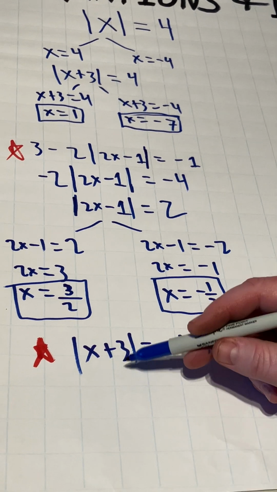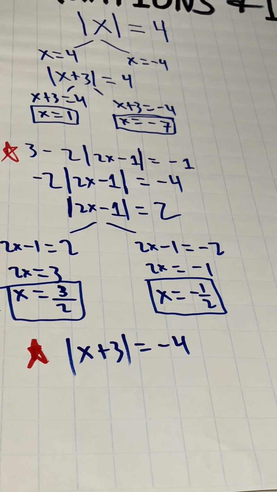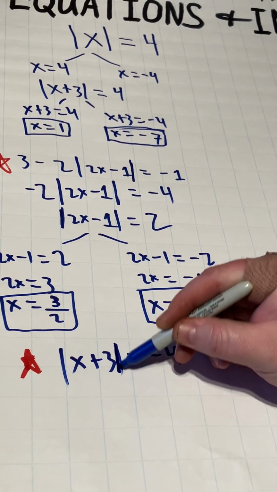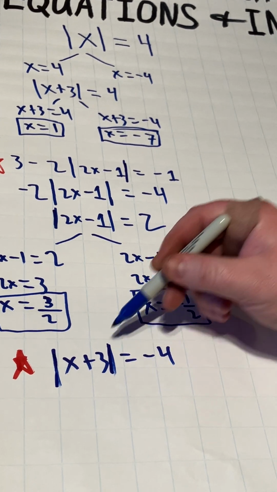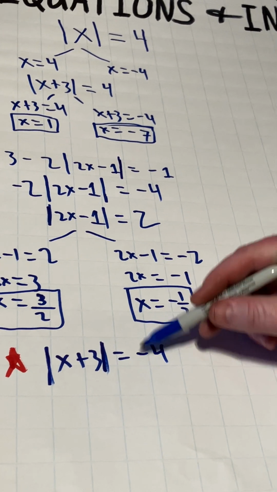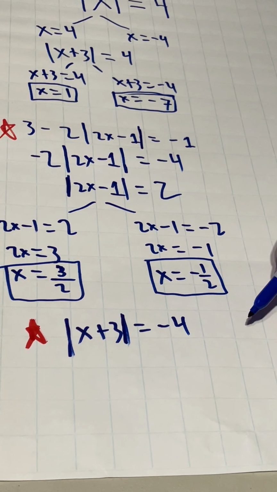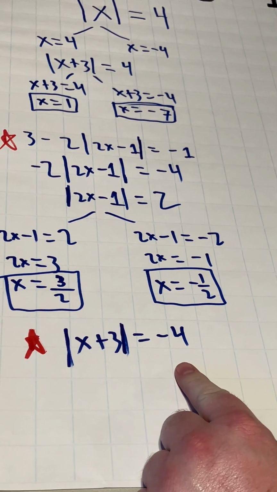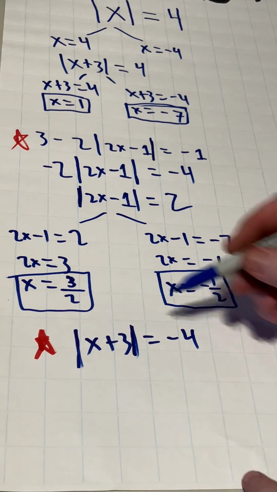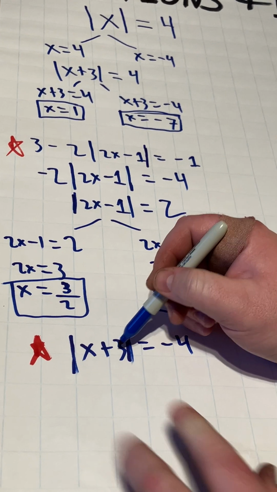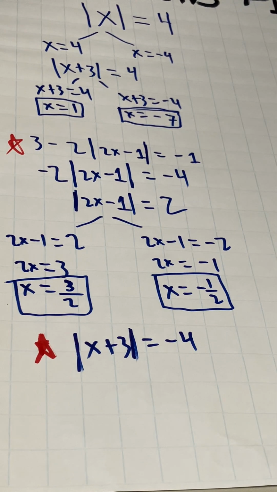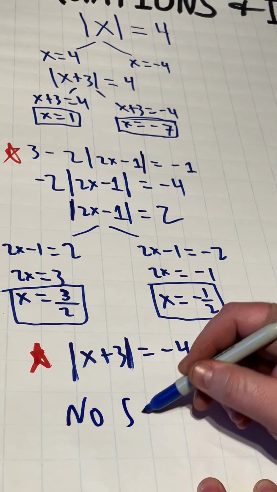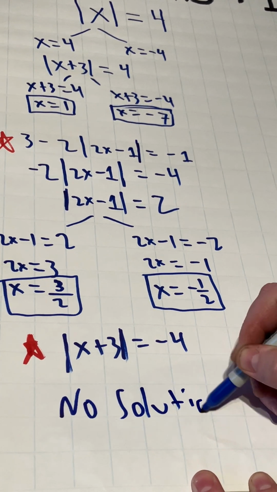Well, that what can't be equal to anything. There's nothing I can take the absolute value of and get a negative result. So right when we get to this point in any problem where we have the absolute value bars isolated and it's equal to a negative number, we can stop. We're done. There is no solution.